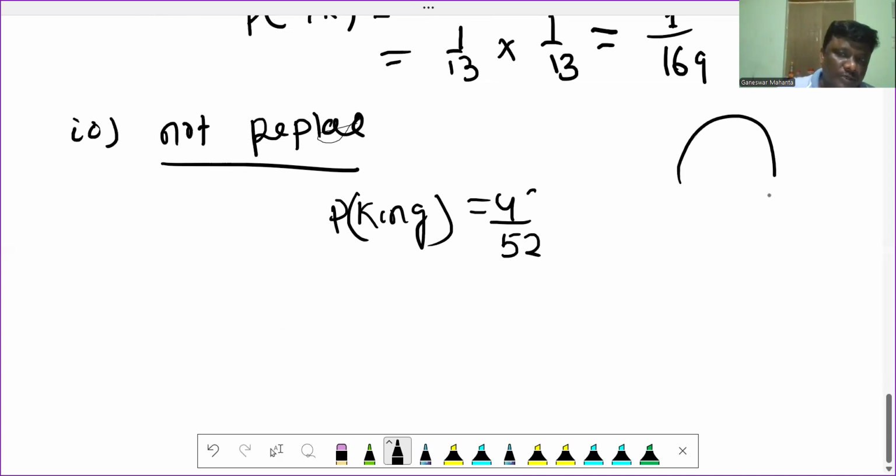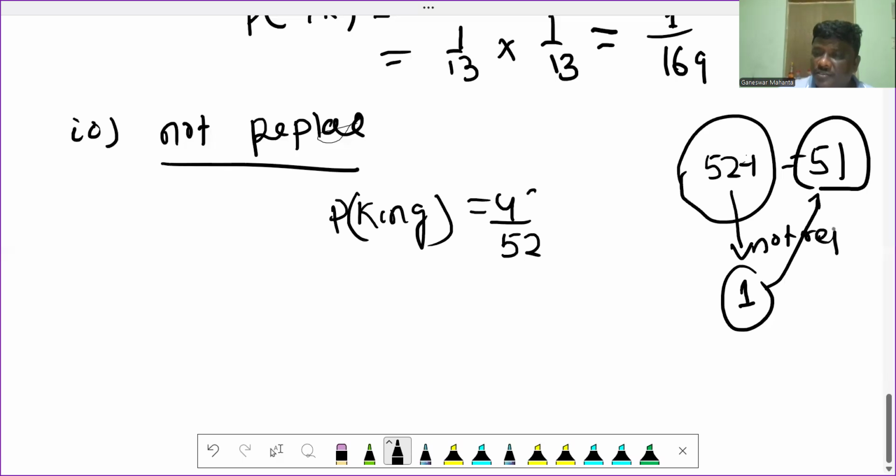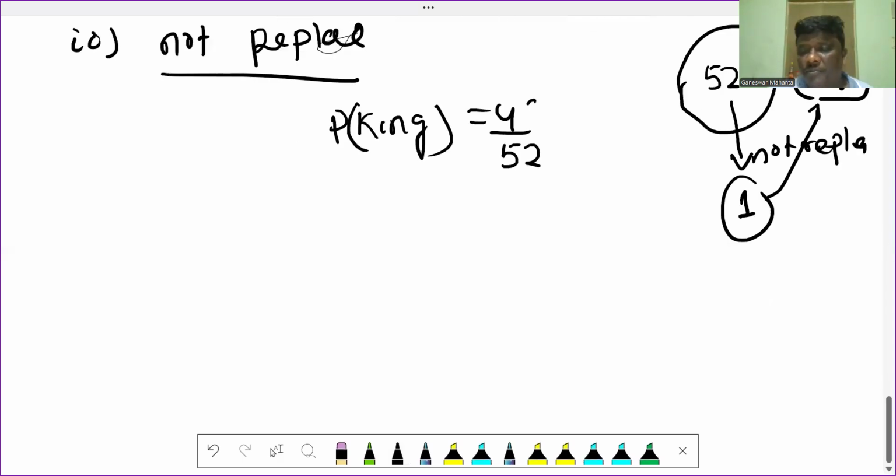Because out of 52, one card is already drawn, the remaining cards are 51. And this card is not replaced, so now the total cards available is 51. Again another card is drawn, and you need to find the probability of king.